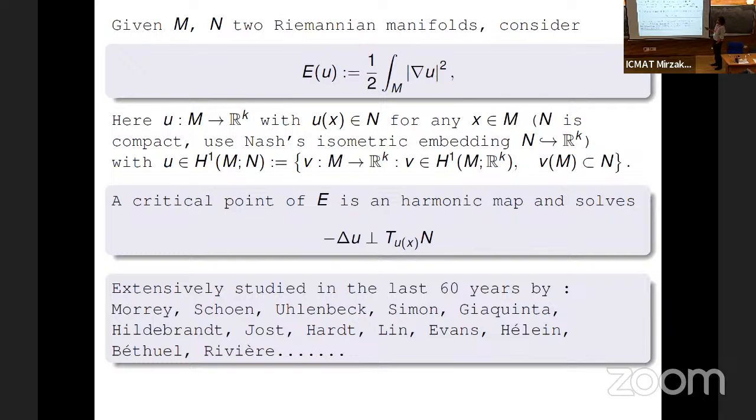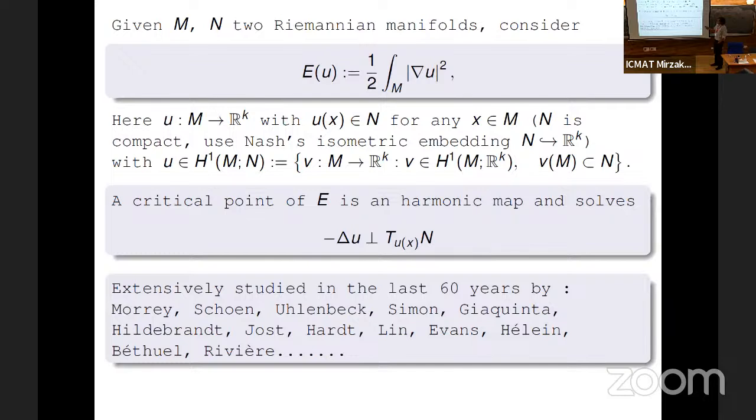Of course, if N is really R^k, then here you are just solving minus Laplacian of u equal to 0. The nonlinearity exactly comes from the fact that if N is not the whole space, this equation is always nonlinear.